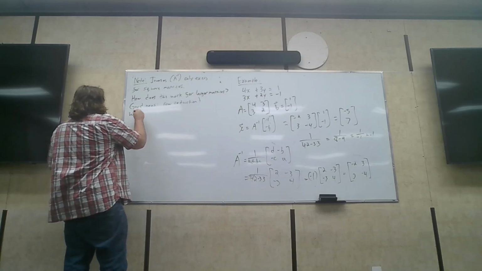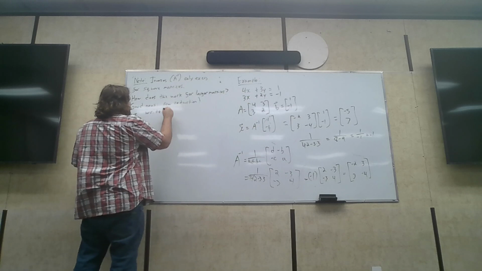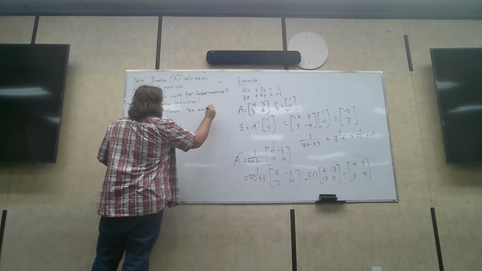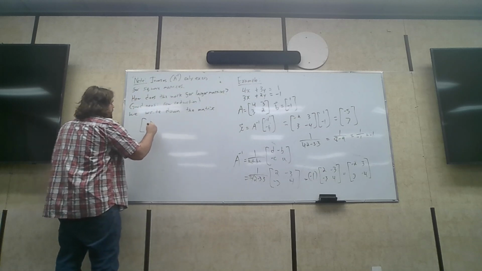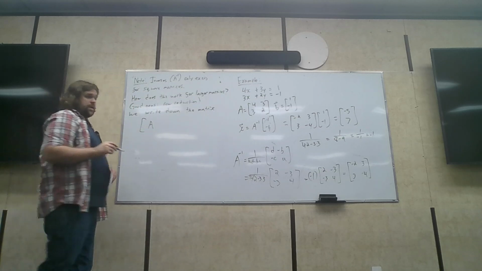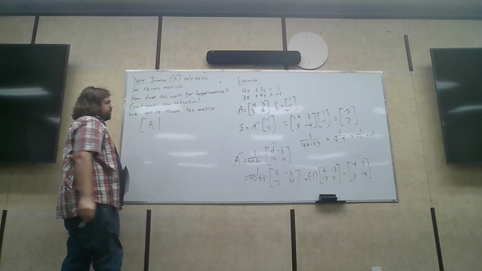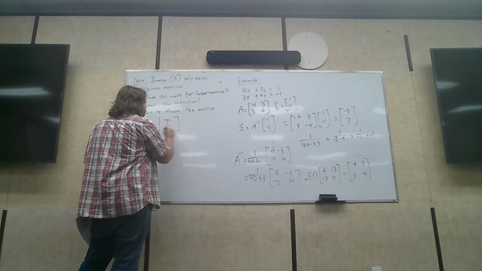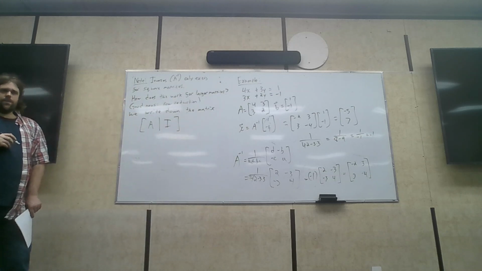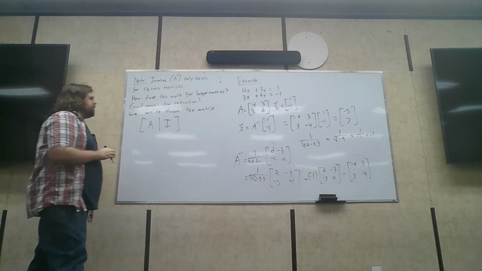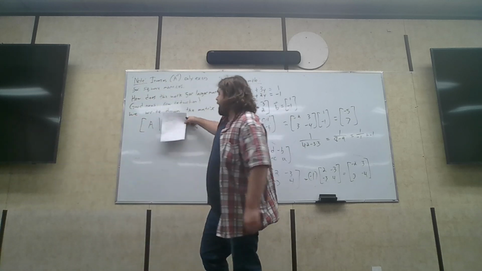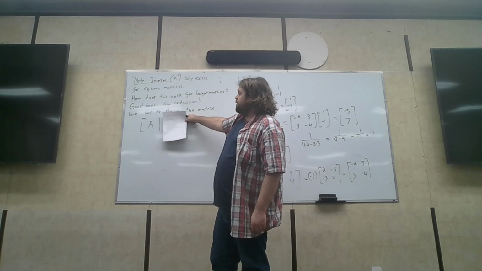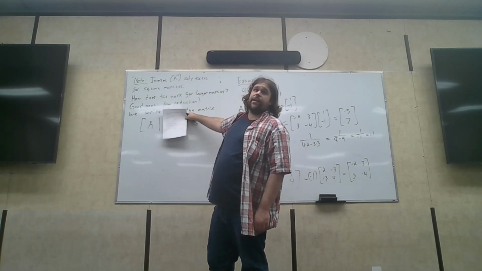So we write down the matrix. So we're going to write down our A, right? And then just like we do with systems of equations, we're going to write a slash. But instead of putting just a single column, we're going to write down the whole identity matrix. And what are we going to do? We're going to focus on A. We're going to say, okay, I'm going to row reduce so that this A is the identity.